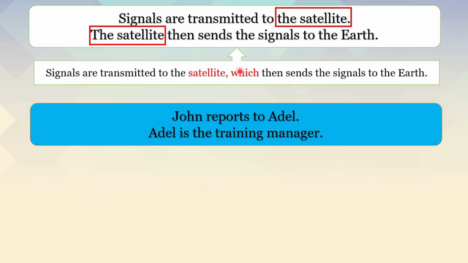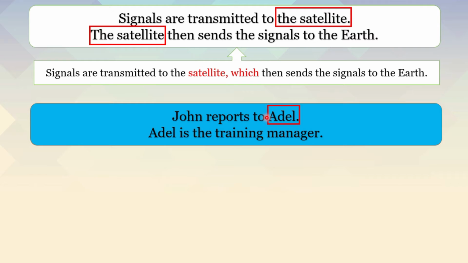We have replaced the full stop in the first sentence with a comma, and the noun, that is the subject, the satellite, in the second sentence with a relative pronoun which. Let's go to the second one. John reports to Adil, and Adil is the training manager. What is the object at the end of the first sentence? Very good, Adil.